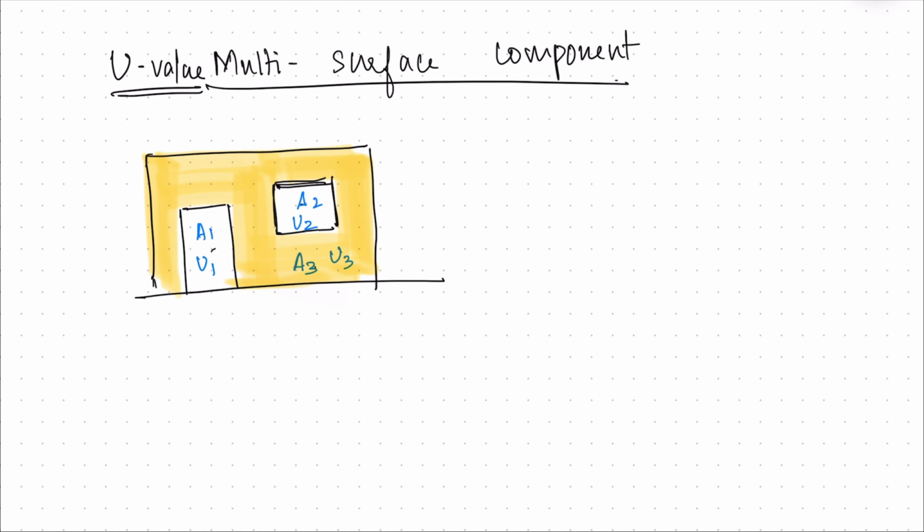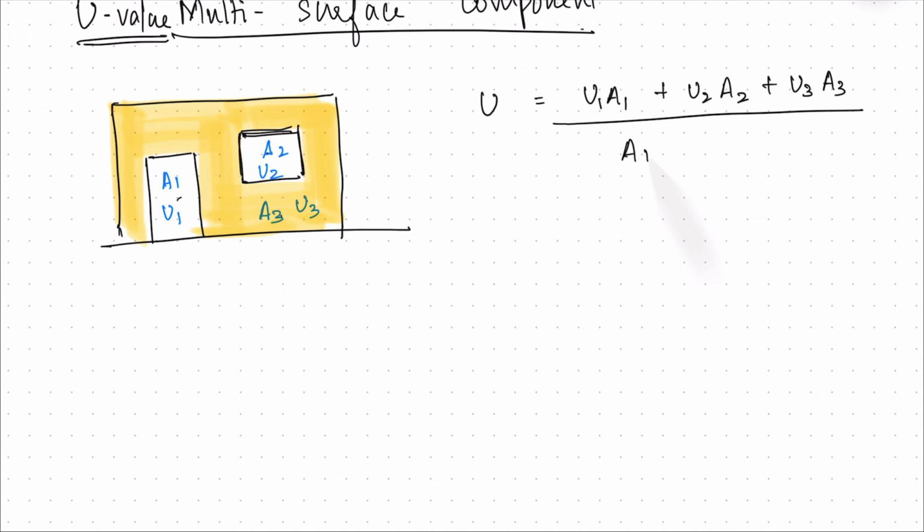Then the U value of the surface would be U1 into A1 plus U2 into A2 plus U3 into A3, divided by A1 plus A2 plus A3, and this extends to n number of surfaces. So this is the formula for finding the U value of a multi-surface component.